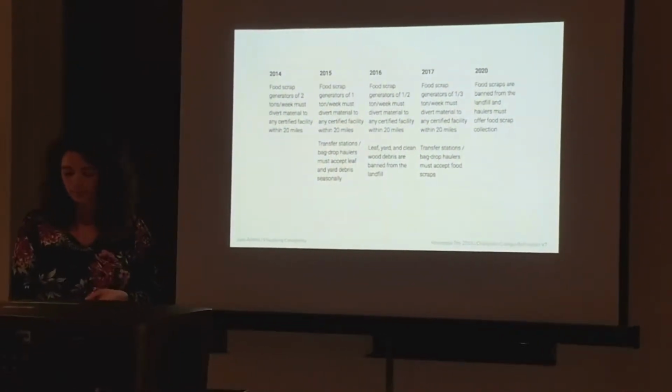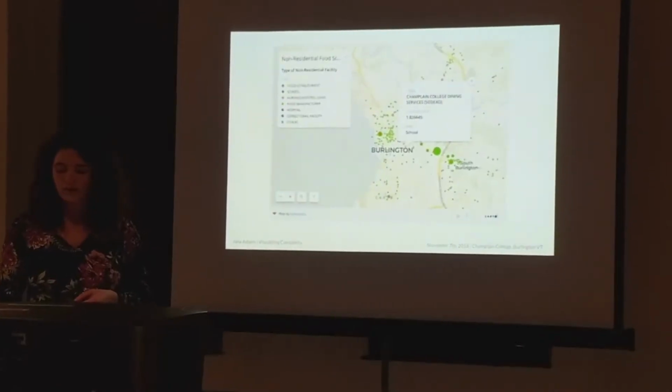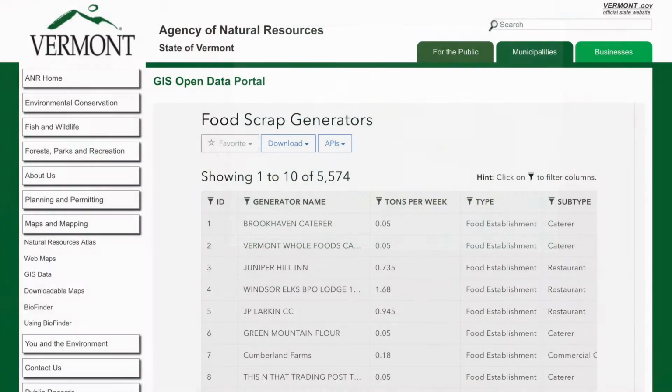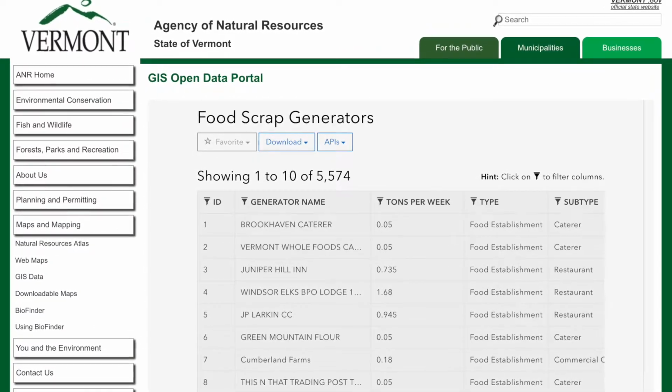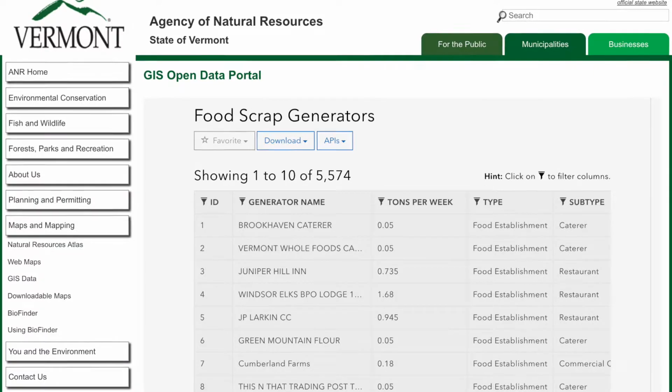And so every year we see more and more businesses with lower and lower food scrap tonnage being required to compost those food scraps. And so the Agency of Natural Resources has this really great data set where they started inventorying all of the commercial places all over the state that are generating food scraps.